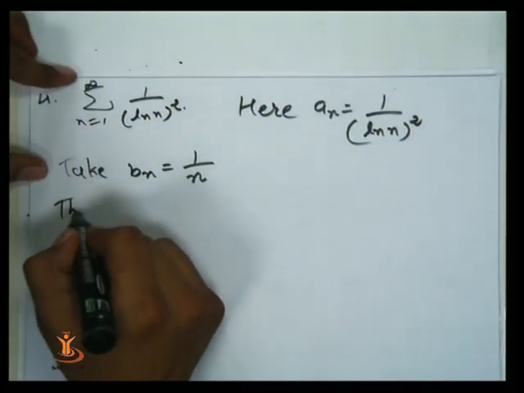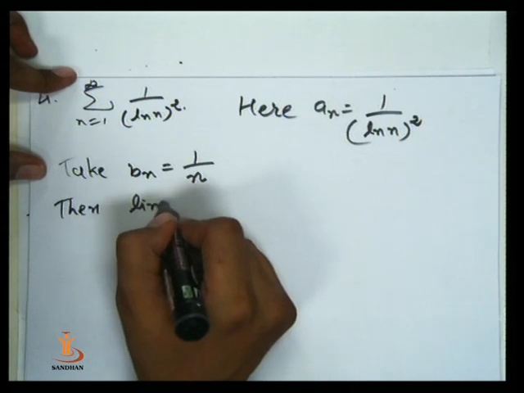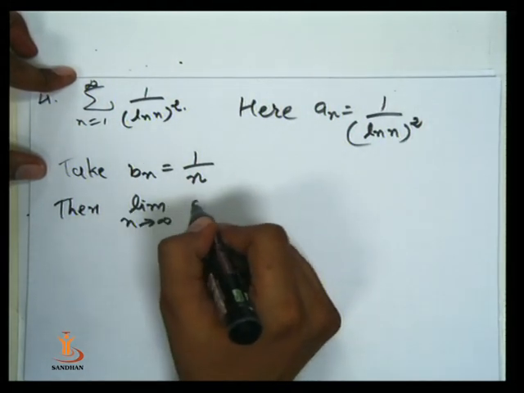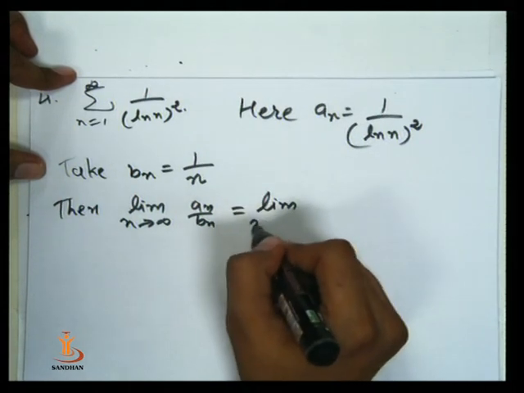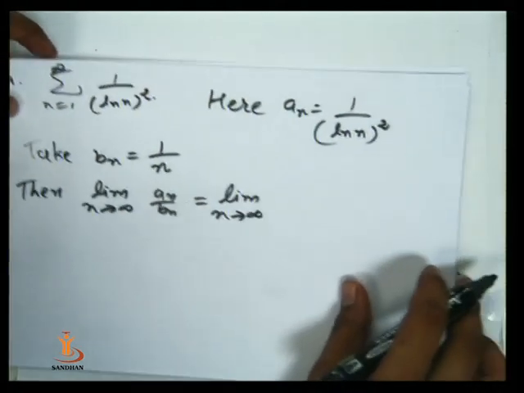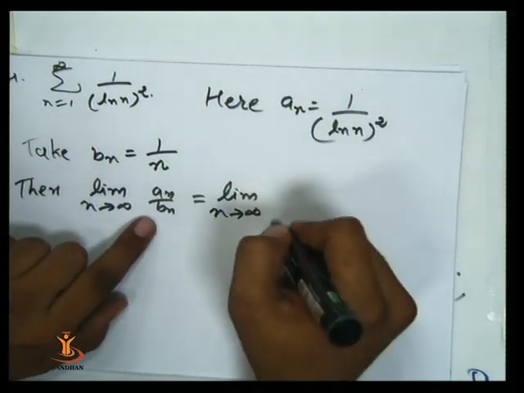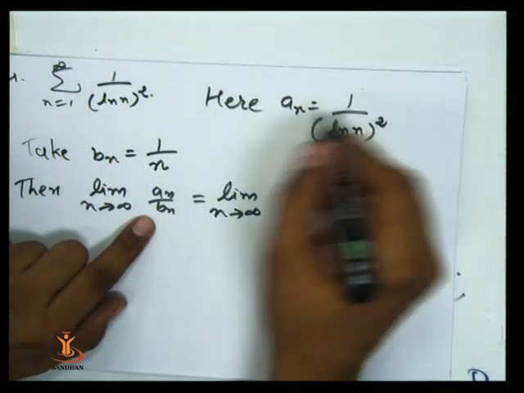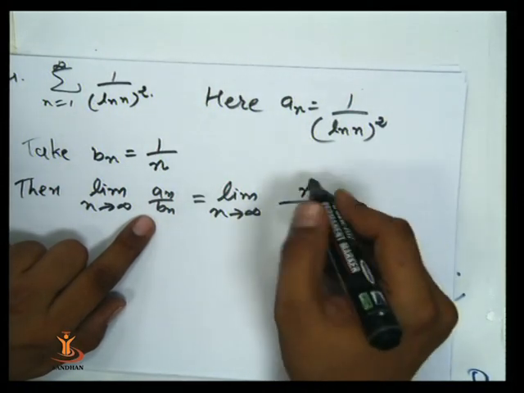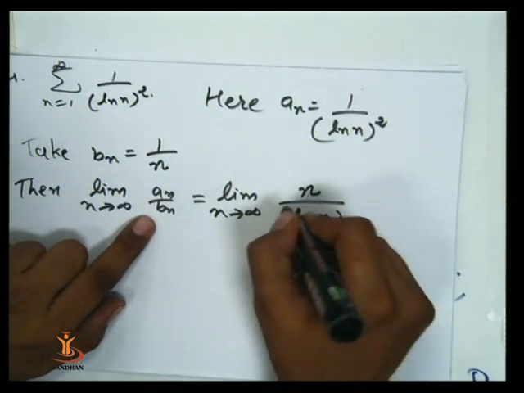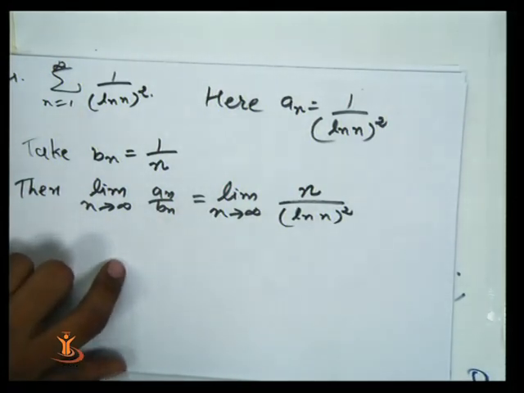Then the limit as n tends to infinity of an upon bn, where an is 1 upon (ln n)^2 and bn is 1 upon n. So the denominator of the denominator will go to the numerator, so we get here n upon (ln n)^2, right.